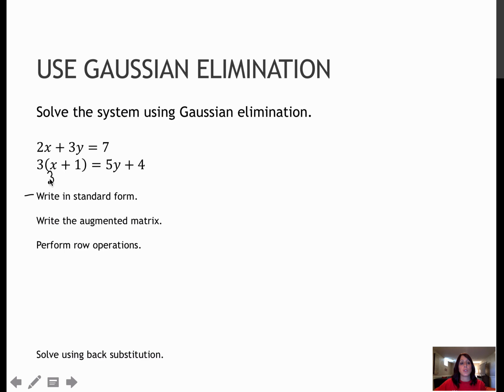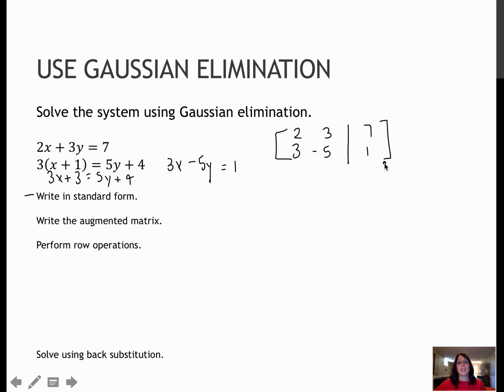So I'm going to use the distributive property and then rearrange my terms to put x and y on the same side, which would give me 3x minus 5y equals 1. So my new augmented matrix is 2, 3, 7, 3, negative 5, 1.